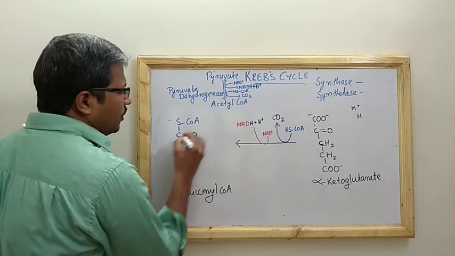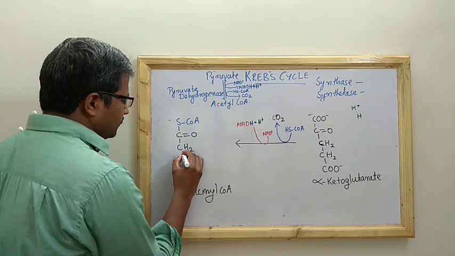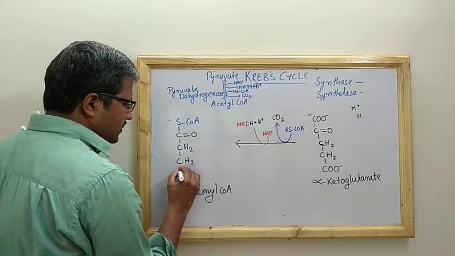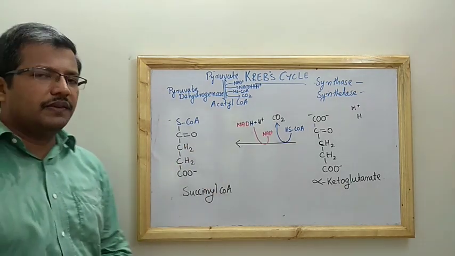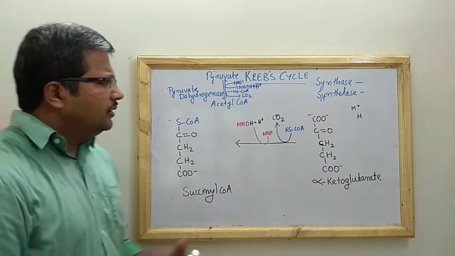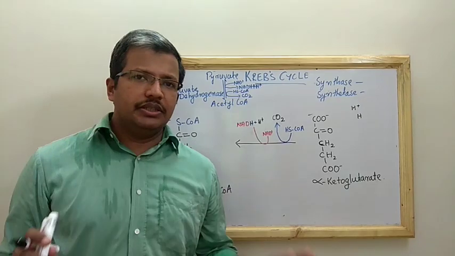C double bond O, CH2, CH2, COO minus. Succinyl coenzyme A is now formed. So by release of this CO2, the entire glucose oxidation is over.